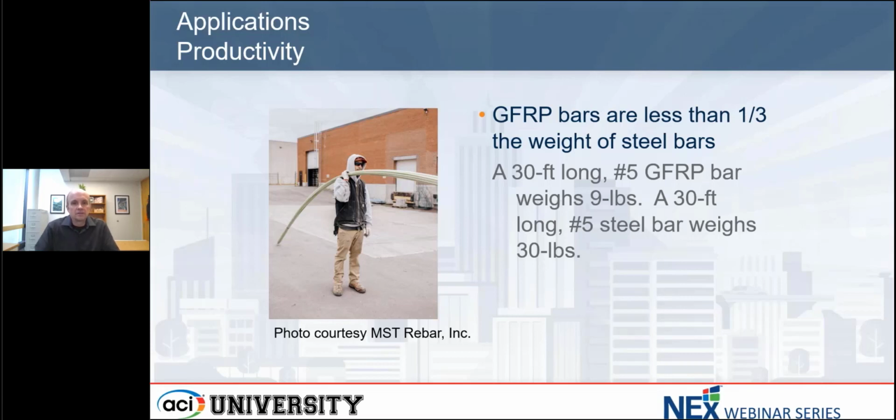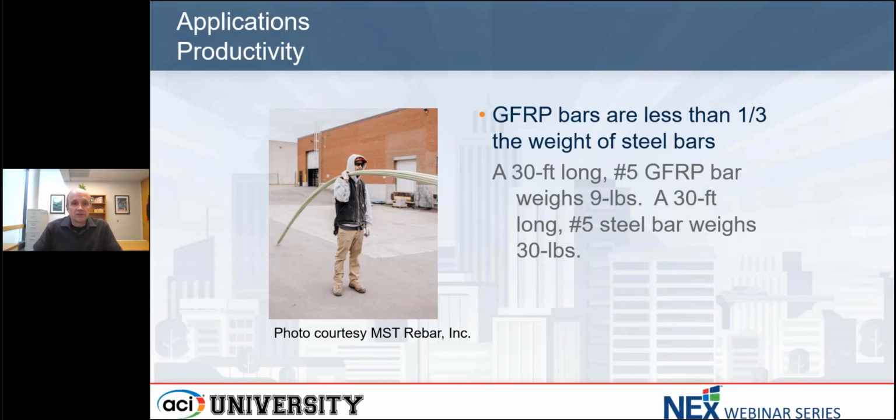The workers loved using it because they weren't nearly as fatigued at the end of the day by lugging rebar around. It really is a much easier material to use to reinforce concrete in a lot of cases, and it really can improve productivity. So a lot of the use right now is really driven by reducing the cost of a particular project based on improvements in productivity versus anything else.